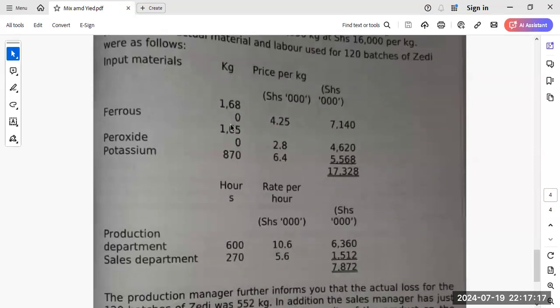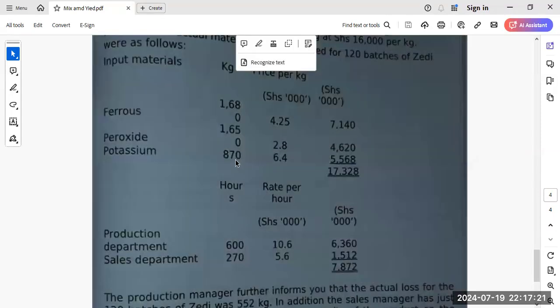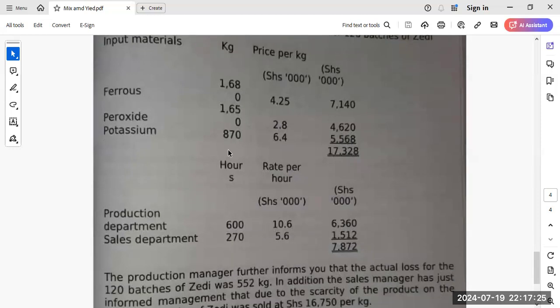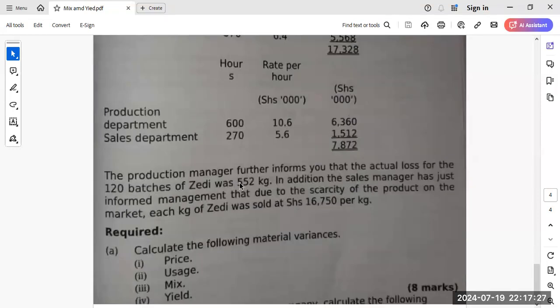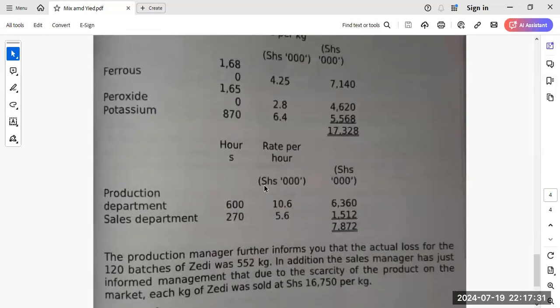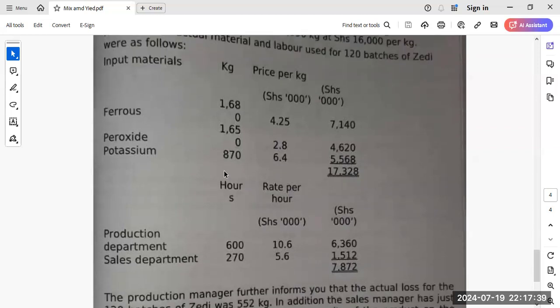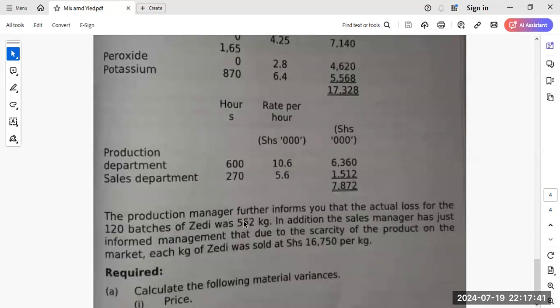You get this total plus this total plus this. Then from the total you get, you subtract 552. That will be your total actual kgs after the rows.